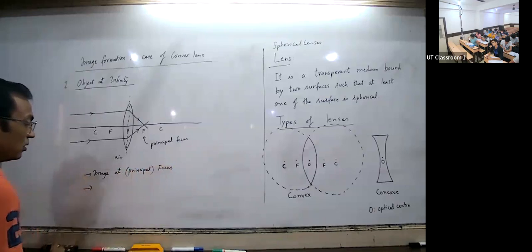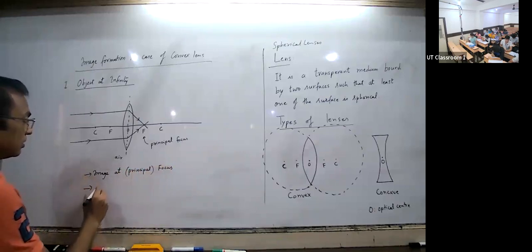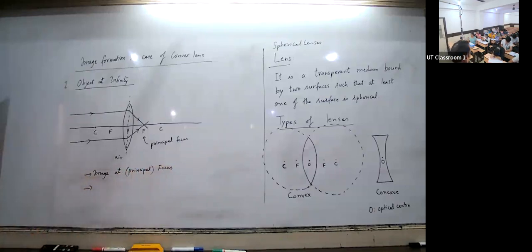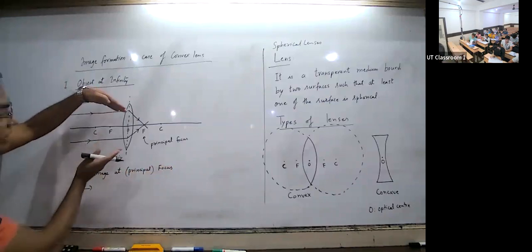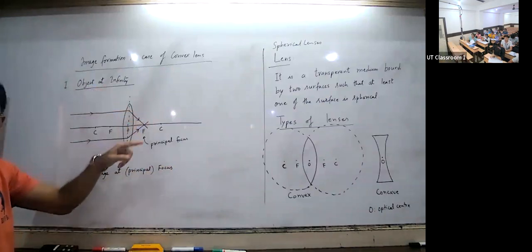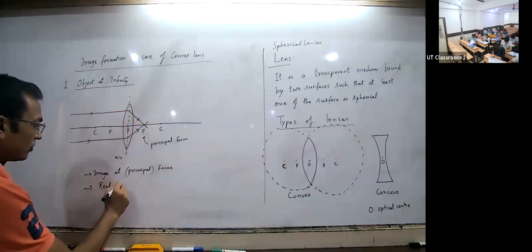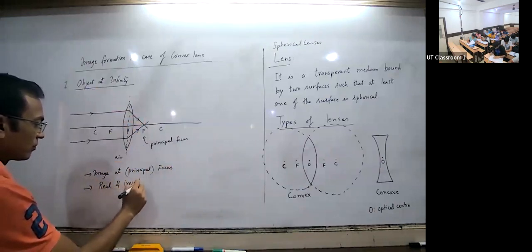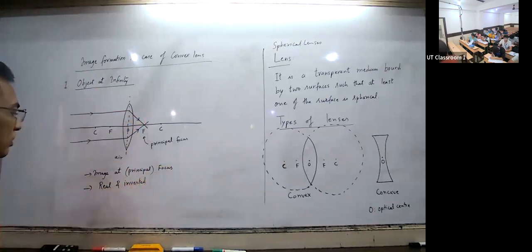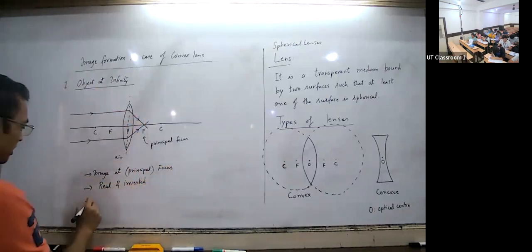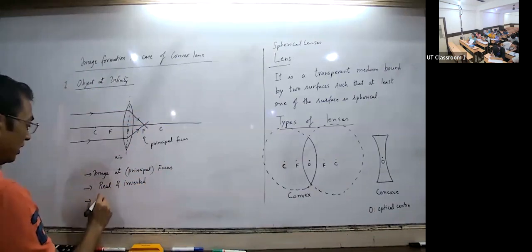Okay. What is the nature? Real and inverted, because the refracted rays are meeting at a point. So it is real and inverted. What about size of the image? Highly diminished.